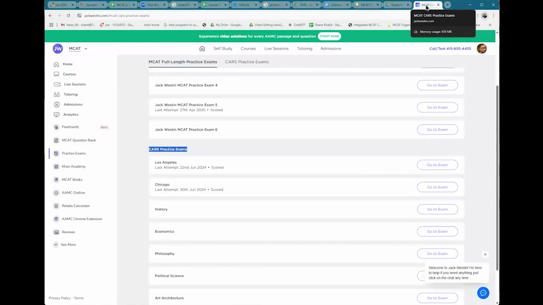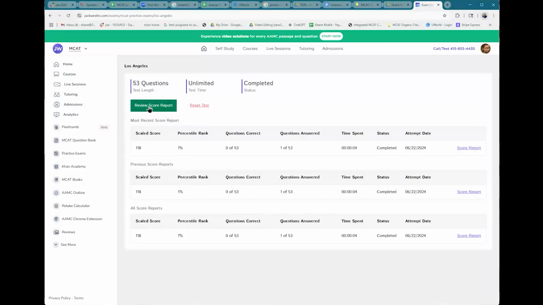Do your CP section. When you're finished with the CP section, go to a different tab, open up Jack Westin, and again go to the left where it says practice exams, and then here it says Los Angeles. Go to exam. It'll be a full exam. Obviously put in the correct time that it takes. Do the CARS exam, and when you're finished with that, go back to the tab with Altius and finish up where you left off.